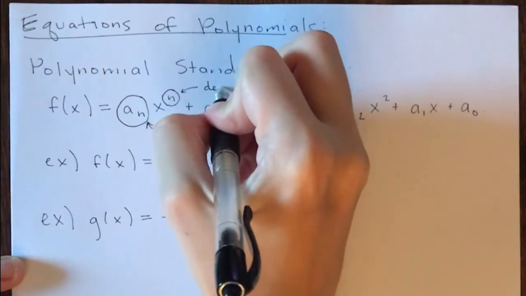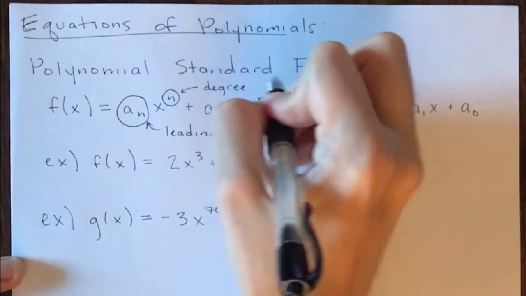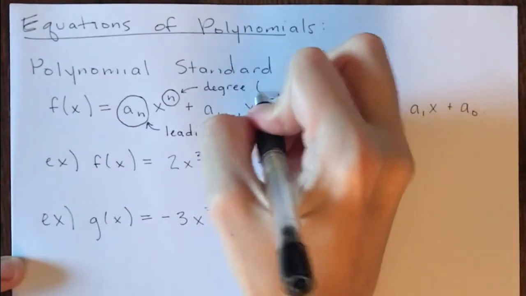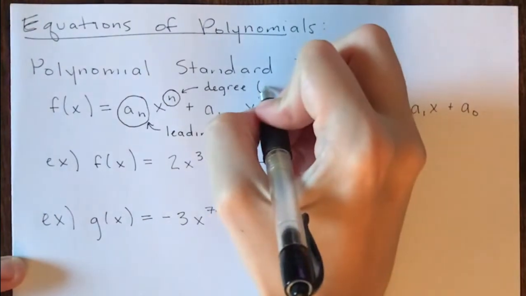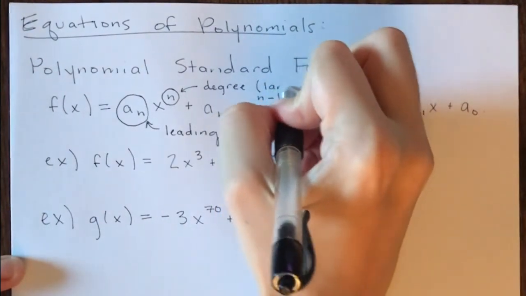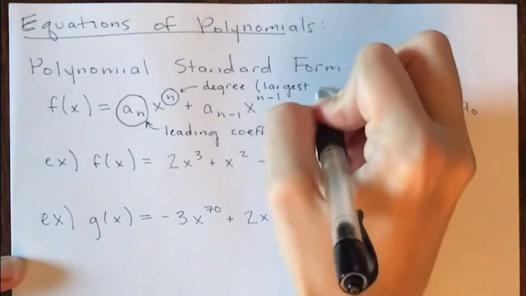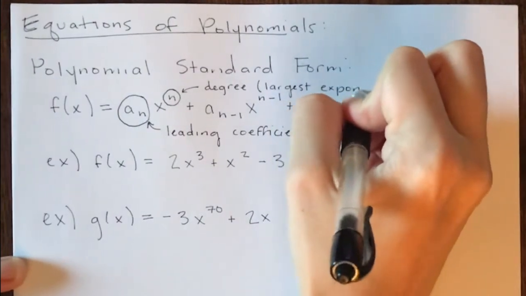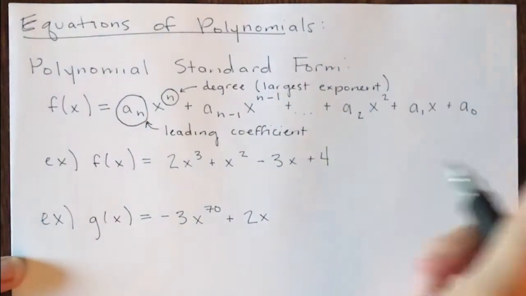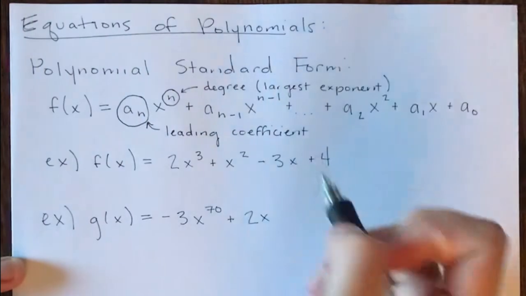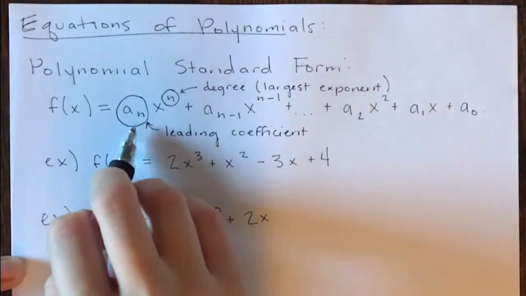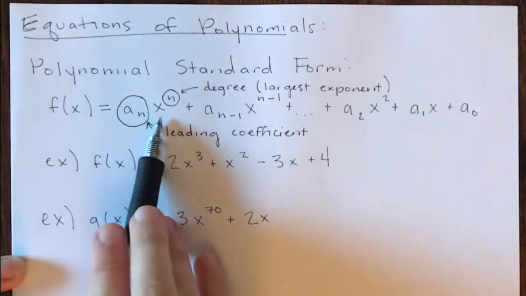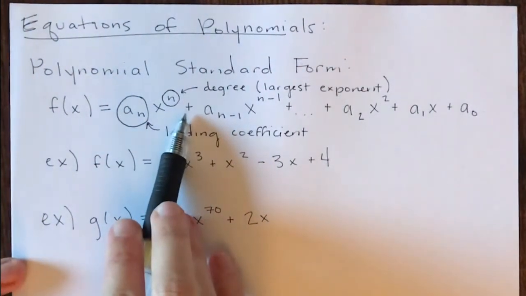N is the degree of our polynomial. And just so we're super aware of what it is, it's the largest exponent. So our two very important things here are our degree, which is the largest exponent, and then the leading coefficient, which is the coefficient on the term with the largest exponent.